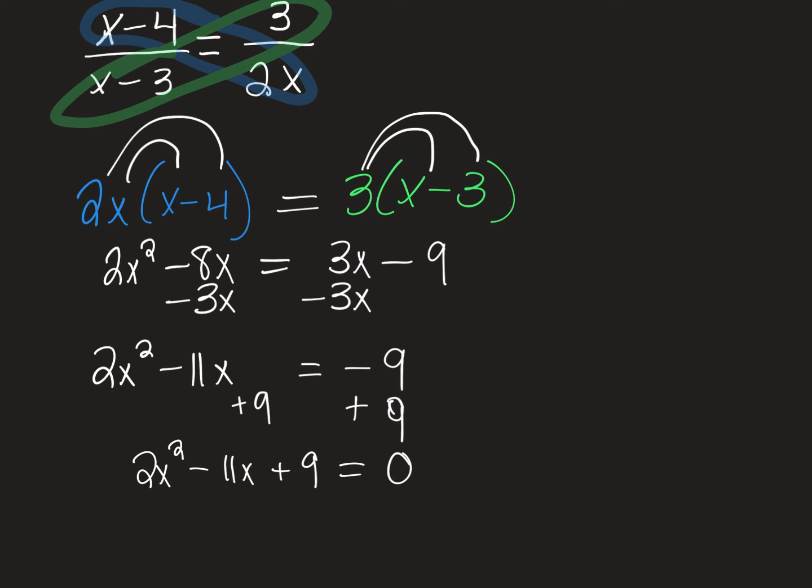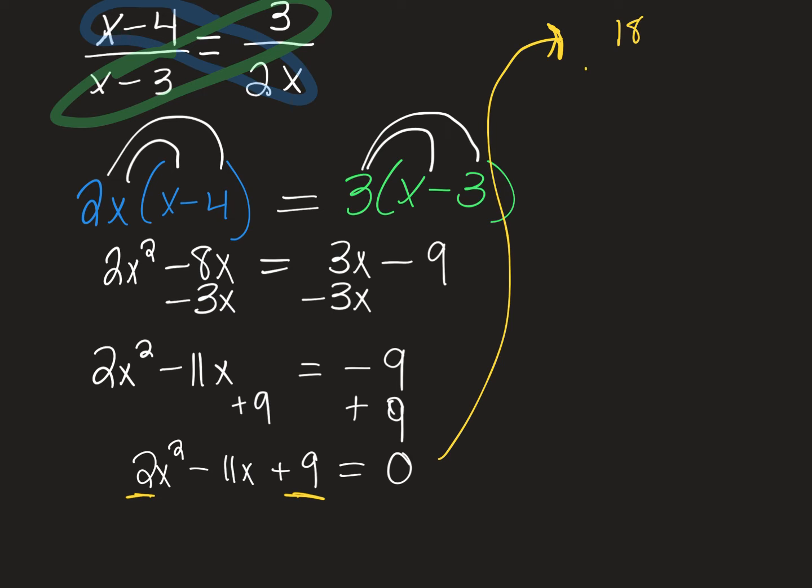When we factor, remember we take 2 times 9, which is 18. So we're looking for factors of 18 that will give us negative 11.